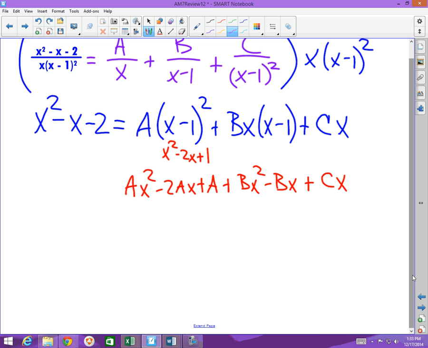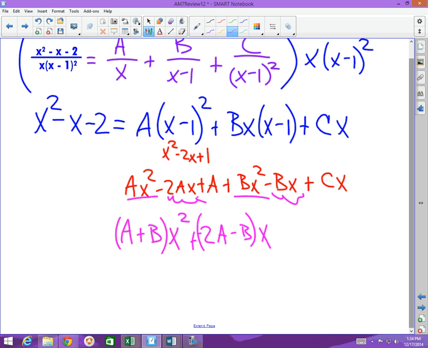X squared terms are this one and that one. And you have a plus b. The x terms are this one here and this one here. So minus 2a or plus a negative 2a minus bx.